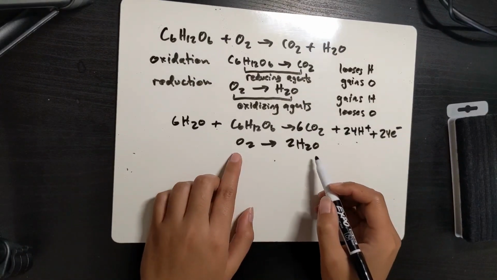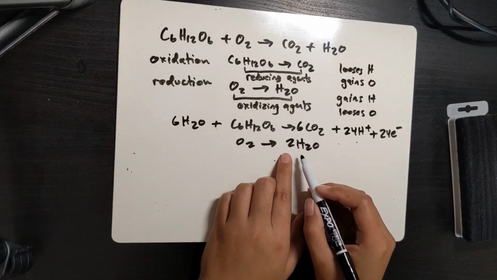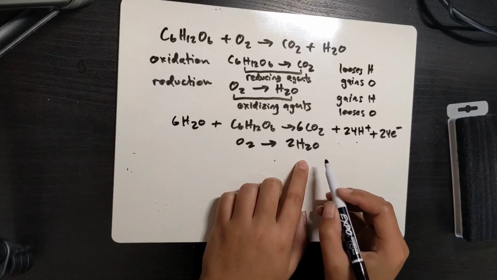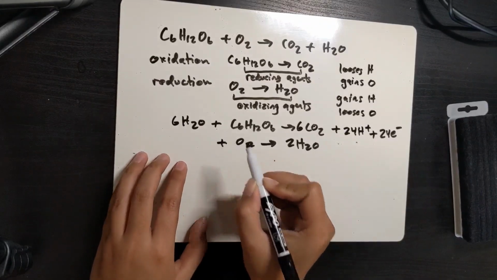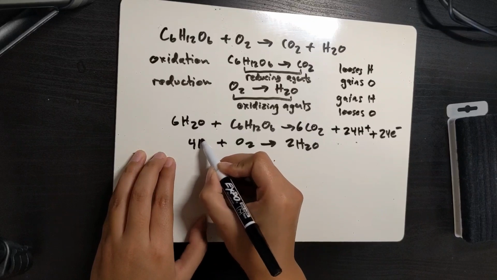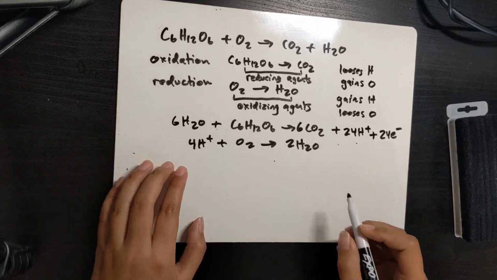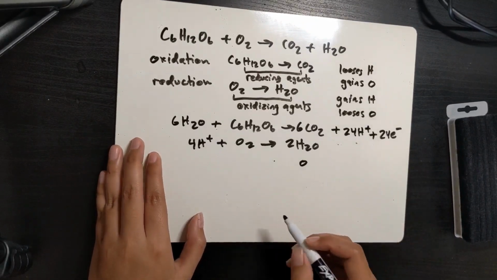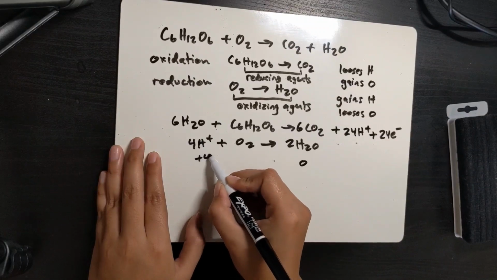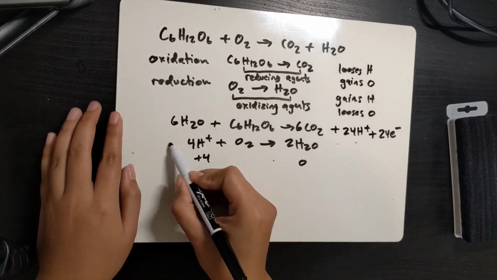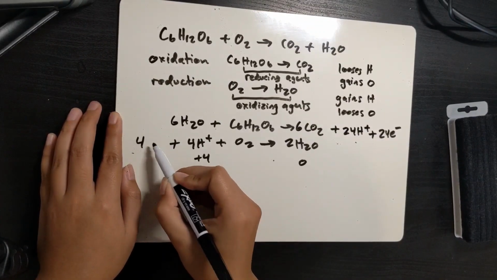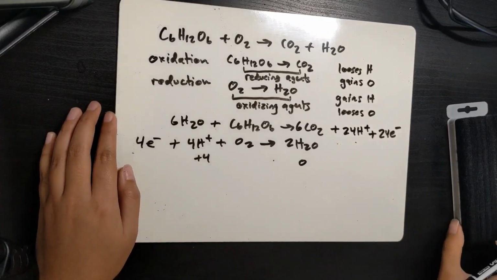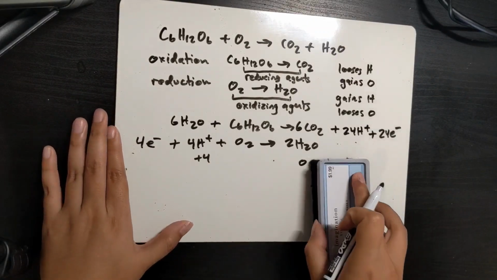Now that our O's are balanced, look at our H's. There's 2 times 2, so 4 on the right. We need to balance the left by adding 4 hydrogen ions. Now look at the charges. There's 0 on the right. There's a plus 4 on the left. We'll have to add 4 electrons to cancel the charges.